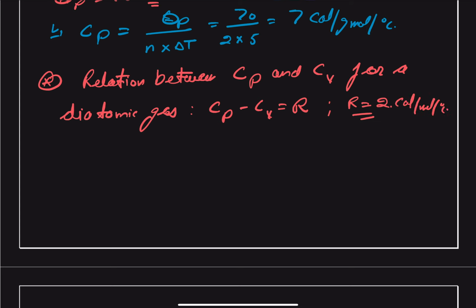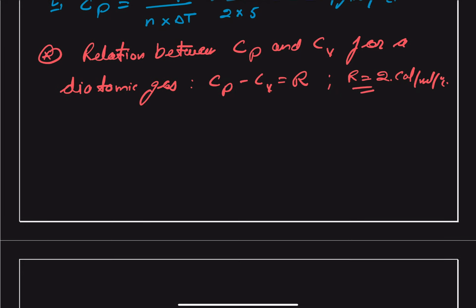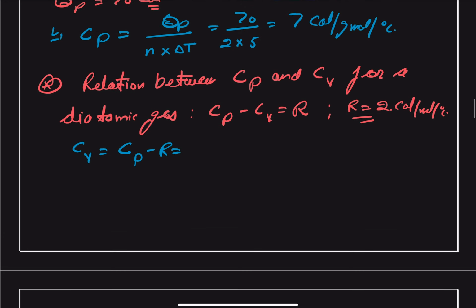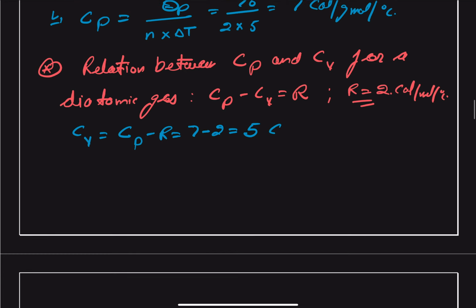So we already know our Cp, so Cv is equal to Cp minus R, and Cp is 7 minus 2, so this comes as 5 calorie per degree centigrade.